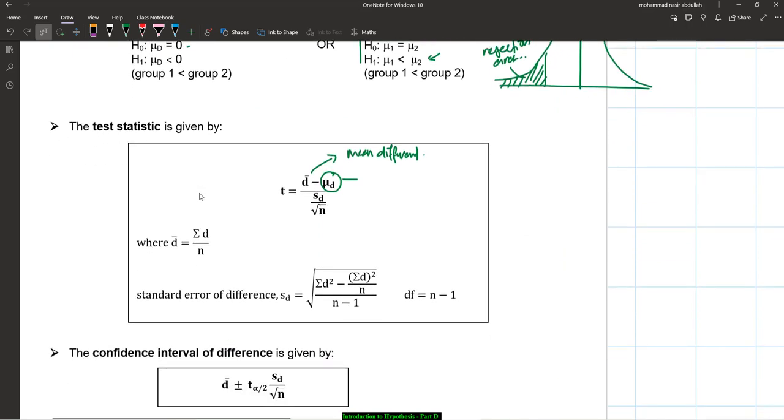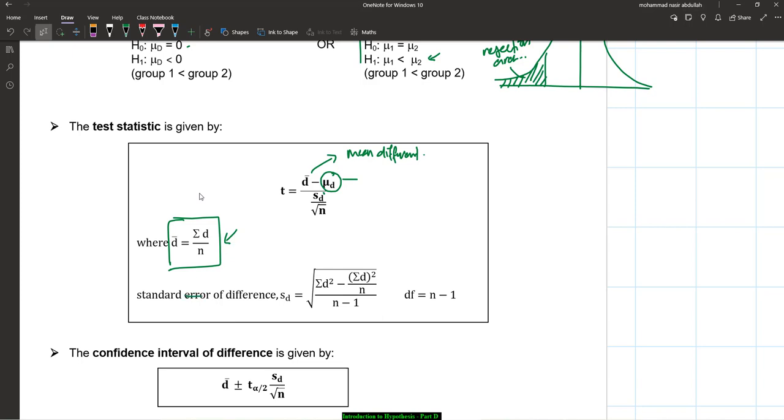And d bar is the mean of the difference. So we need to compute the difference between pre and post test, and take the summation divided by the number of observations. So this is what we call d bar, which is the mean difference. And then there is the standard deviation of the difference, right?